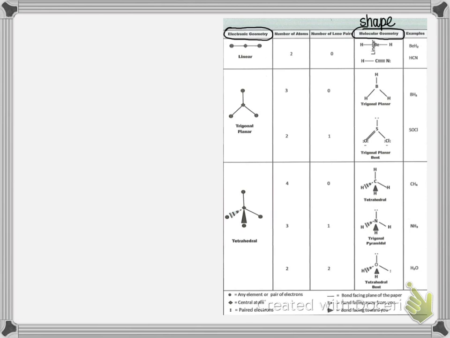Now, the shape is determined both by the number of atoms in comparison to the number of lone pairs. So to get to the shape, you have to divide up into atoms and lone pairs. And I'm going to write on this, on the central atom. So when we're talking about atoms and lone pairs, we're referring only to the ones located on the central atom. Now over on this far column, to me it's not super helpful, but those are just examples.